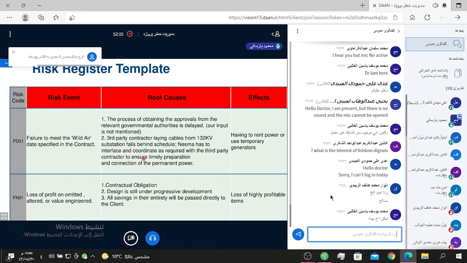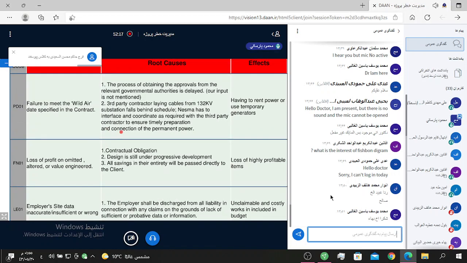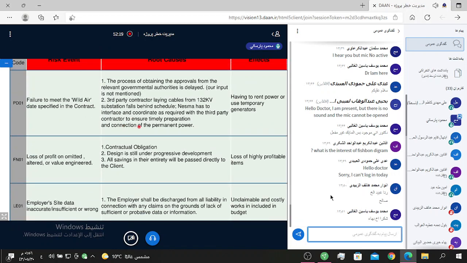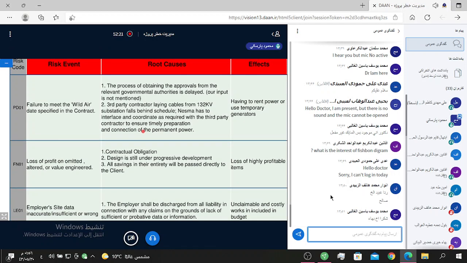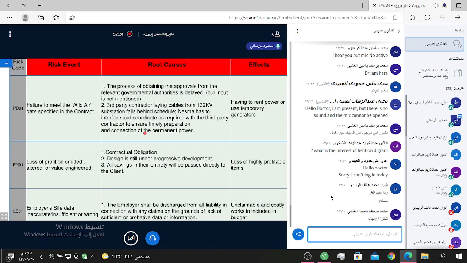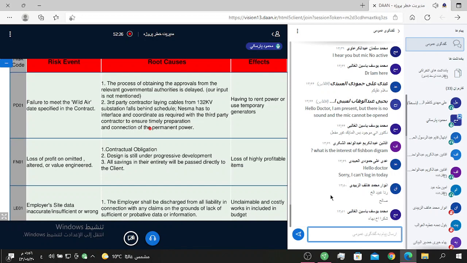For example, in the first row, about the risk with code PD1, the risk event is failure to meet the wide age date specified in the contract.